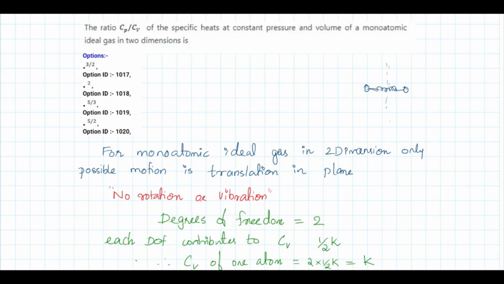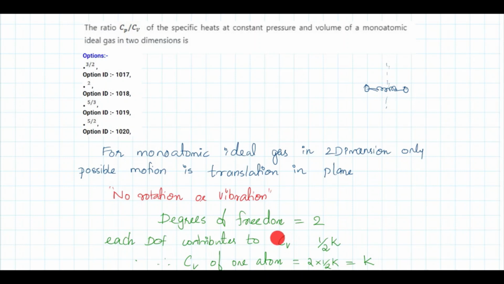But for a monoatomic molecule, there is no such possibilities. For a single atom, there cannot be any vibration, there cannot be any rotation. The only possibility is translation. And since this is in 2 dimension, the motion should be in a plane. So the total number of degrees of freedom is 2. Translation along x, translation along y. Each degree of freedom contributes half k towards Cv as per equipartition theorem.